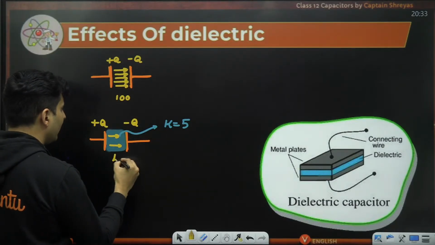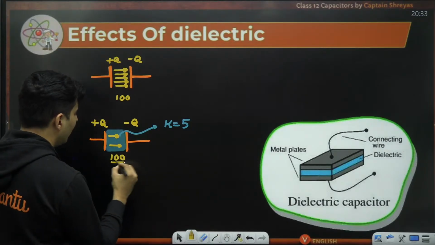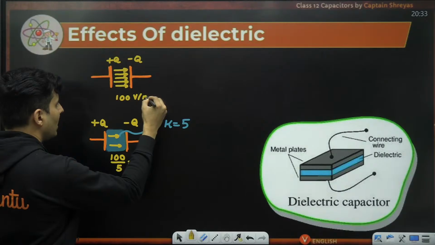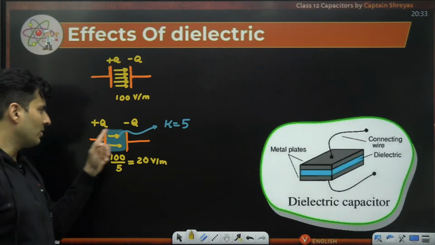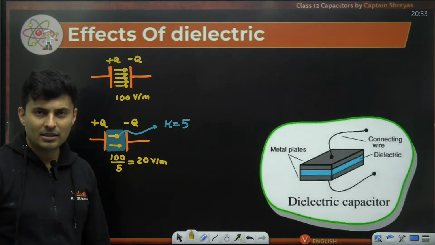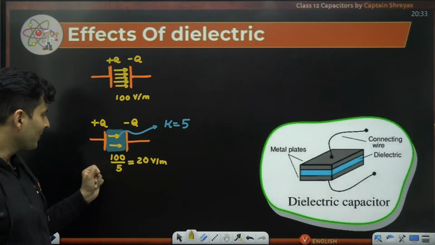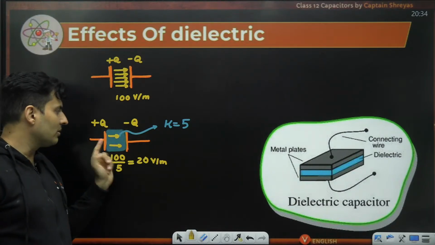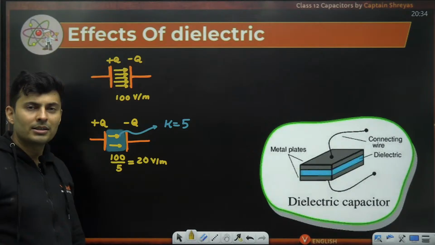The electric field will no longer be 100. It will be 100 by 5, which is 20. Earlier it was 100, now it will become 20. Why? Because that's what the dielectric medium does. So the field will try to reduce because of the medium by the factor of the dielectric constant.